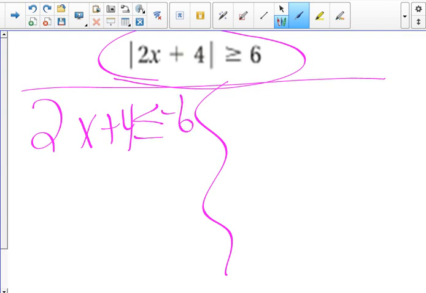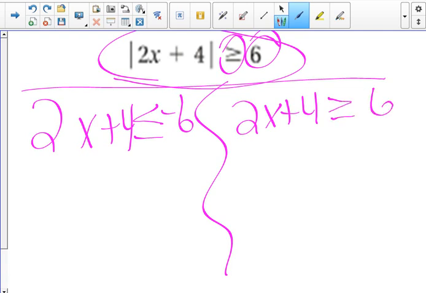So you've got to change that sign and flip the inequality. And then this side is just going to be 2x plus 4 greater than or equal to 6. Is everybody with me there? So when it's greater than, you've got 2 equations. When it's less than, you have 1 equation with the 3 parts.